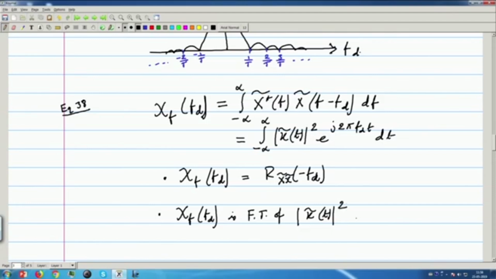That means something like the energy of the transmitted signal itself.